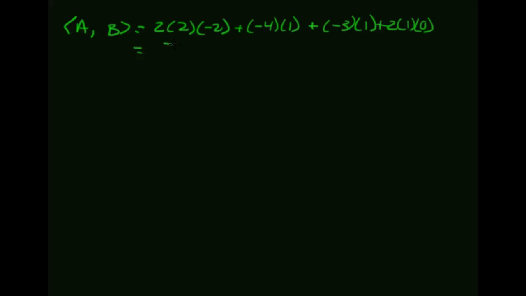So this one is going to be negative 8, minus 4, minus 3, plus 2, which works out to be negative 13. All right, so that's part A.